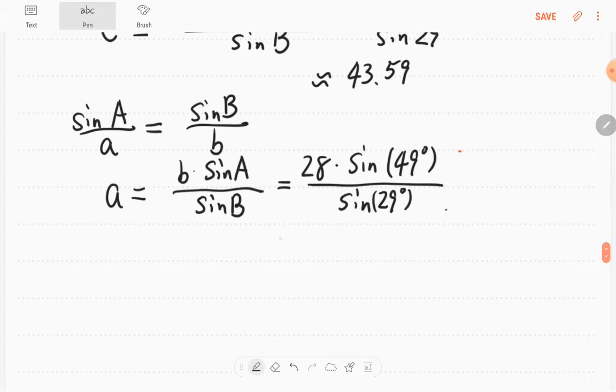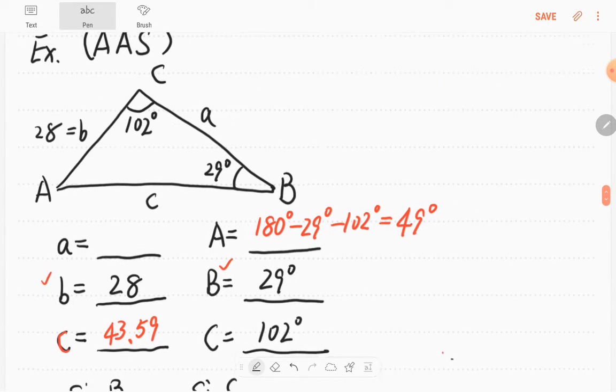If you use a calculator, it would be 43.59 units. Oh, sorry, this is 43.9 units again.